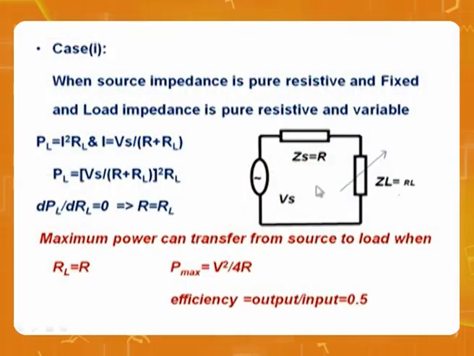That means this is not the source actually. This is nothing but Thevenin's voltage and Thevenin's impedance. So in other words, this is not a voltage source, it is the equivalent of a big circuit.